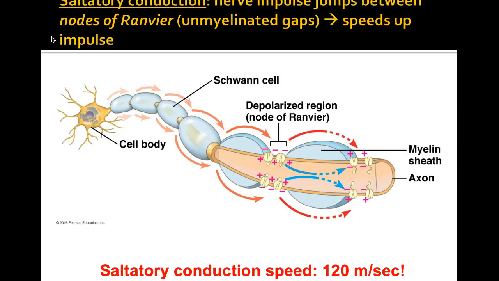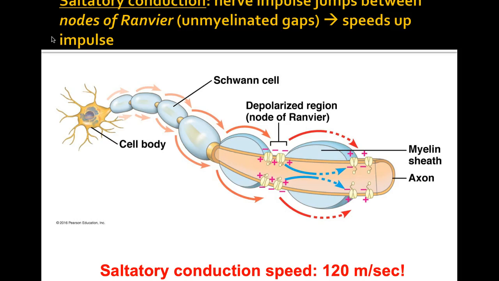Okay, so then other things that you should know. The conduction speed is way quick, 120 meters per second. So I'm sure you know what a meter stick is. Imagine 120 of them in 1 second. That's how fast that impulse is able to move.